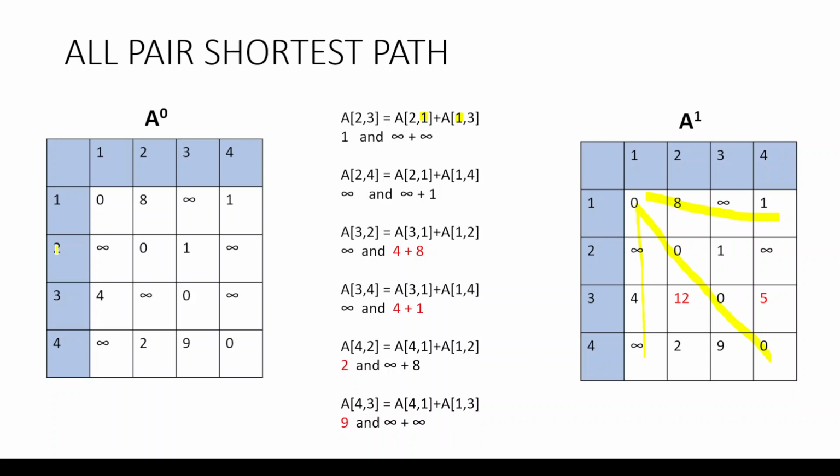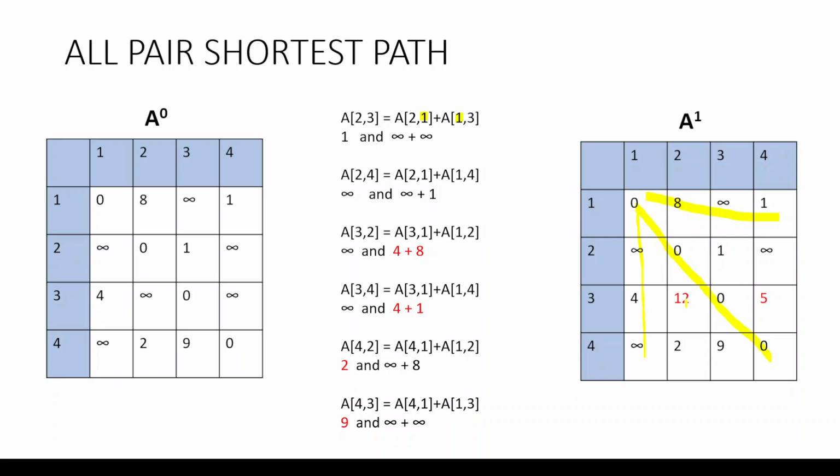Between 2 and 1 it is infinity, plus A of 1 to 4, which is 1. And A of 2 to 4 is infinity. So I'm checking which is smaller, infinity or infinity plus 1. Infinity, so I retain it as infinity.